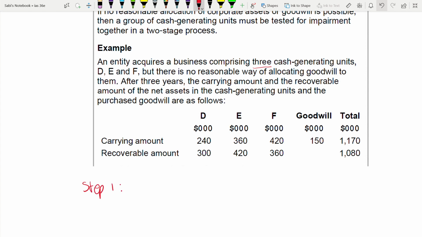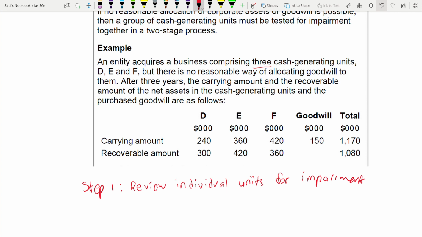You first need to review the individual units for impairment.